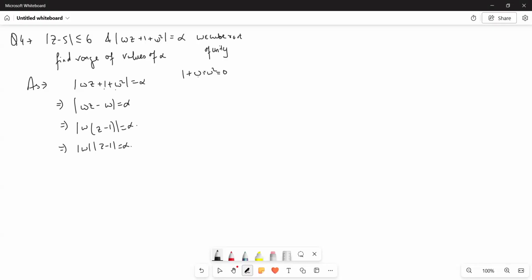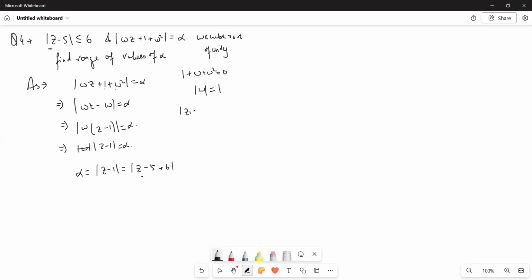Now for again cube root of unity, what is mod omega? 1. Mod omega 1 है, तो ये यहाँ से हट गया. So alpha is basically mod of z minus 1. ठीक है. So alpha is mod of z minus 1, which can be written as mod of z minus 5 plus 6, because we have a z minus 5 ka relation, so we want to create a z minus 5.